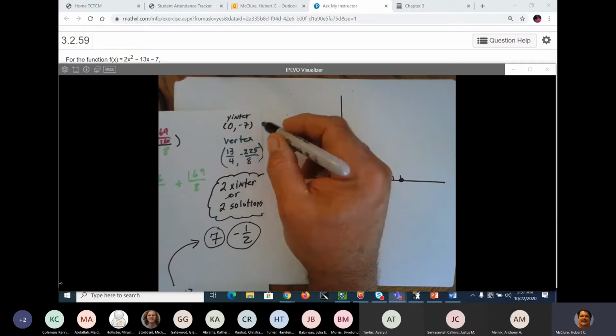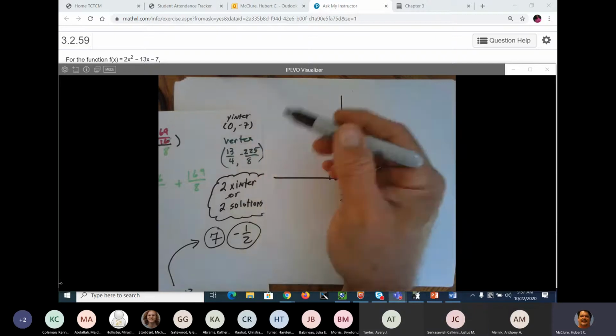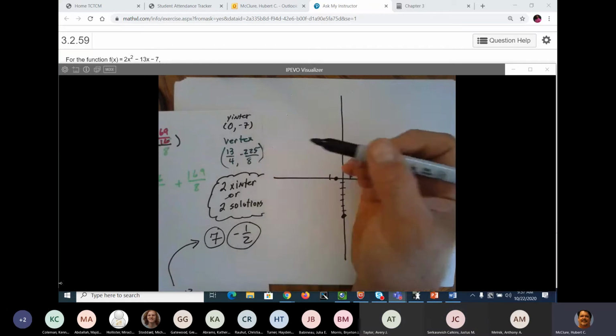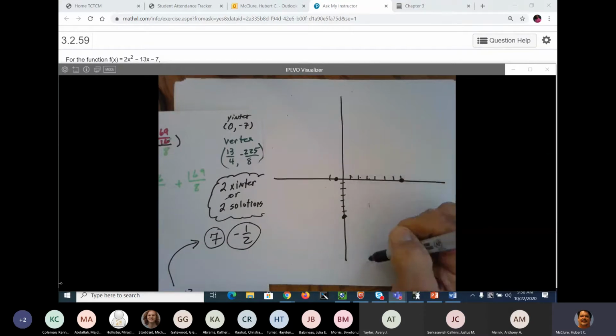Two times, that's 16? I got 28. Somebody tell me what 225 divided by 8 is. 28.125. Okay, that's what you were saying. I'm sorry. Okay, so 28 point is way down here.